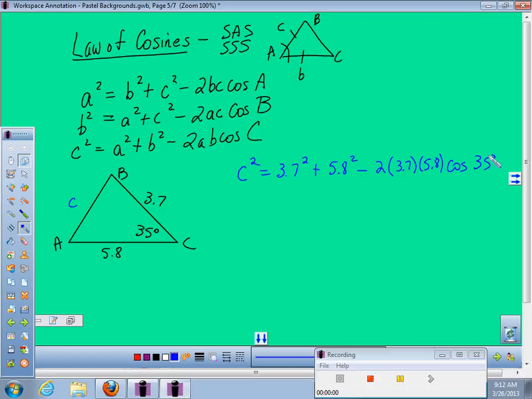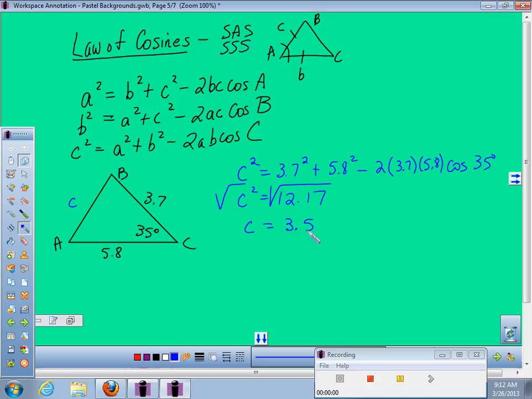You'll end up with something like C squared equals 12.17. But then what do you have to do after that? You'll have to square root it to actually get C. It's easy to forget to square root it at the end. And side C is 3.5. If I had only asked you for that side, you would be done.